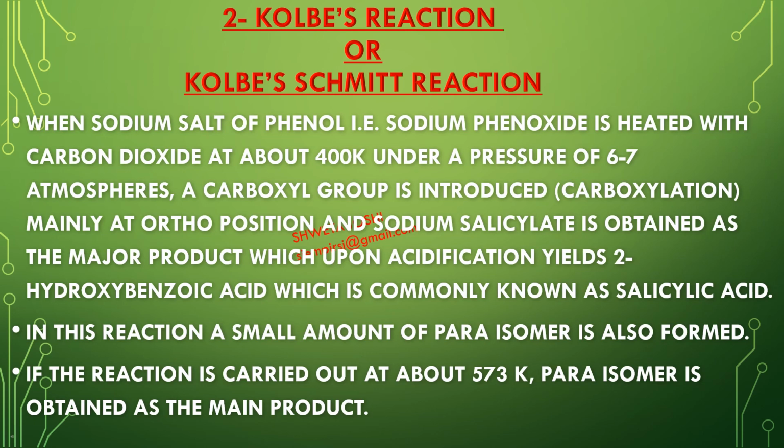Sodium salicylate is the major product which upon acidification yields 2-hydroxybenzoic acid, commonly known as salicylic acid. In this reaction, a small amount of para-isomer is also formed. If the reaction is carried out at about 573 Kelvin, then para-isomer is obtained as the major product.